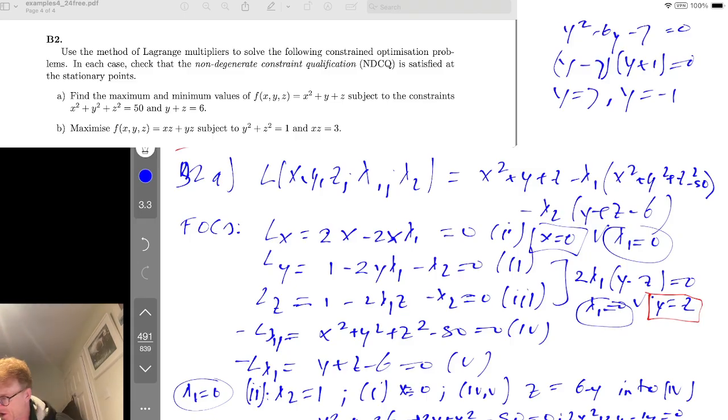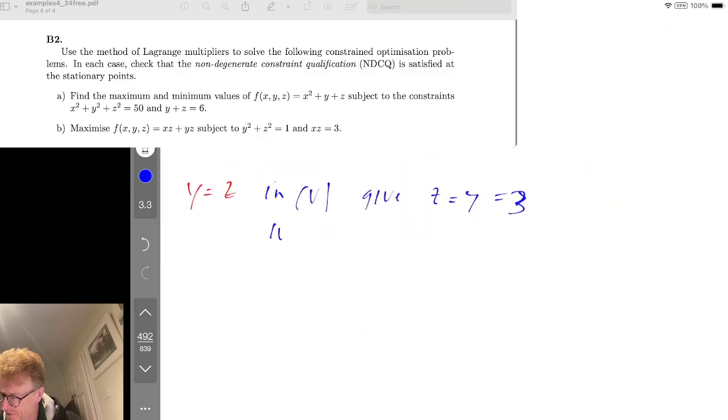Y and z are 3, so we can use that directly in 4. So y is z is 3, and that gives us x squared plus y squared plus z squared minus 50 is 0.